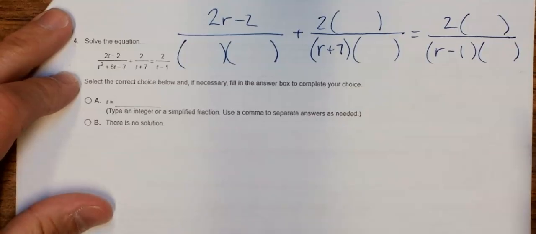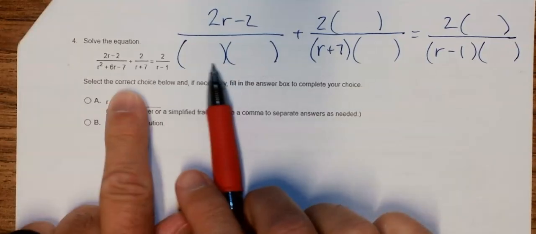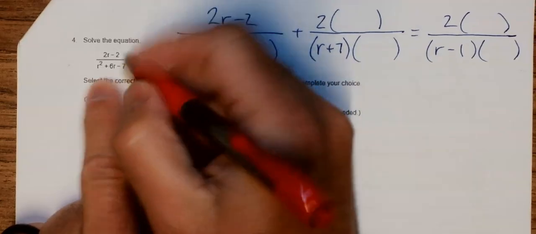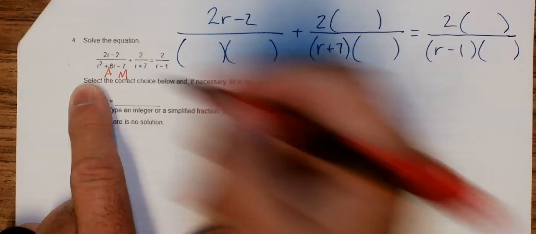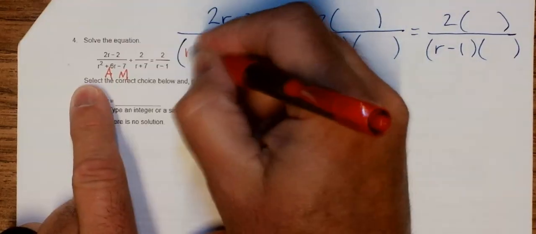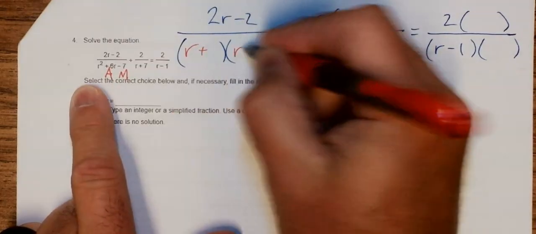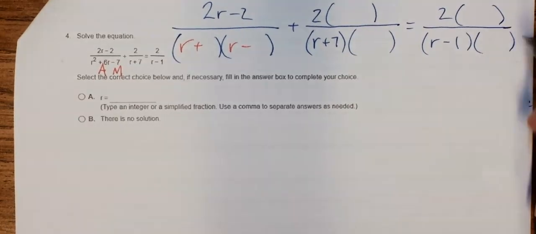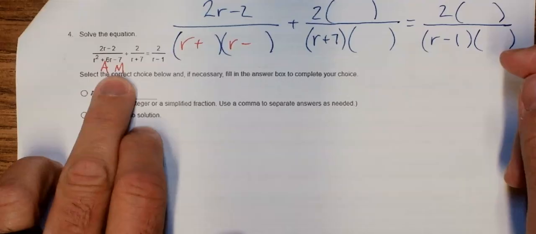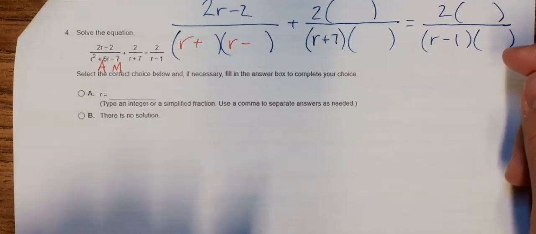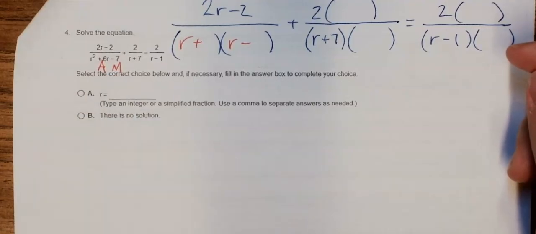Okay. Alright, so the first denominator. What multiplies to negative 7 but adds up to 6? Well, one's got to be plus and one's got to be minus. How many things multiply together to give us 7? Not a whole lot, right?